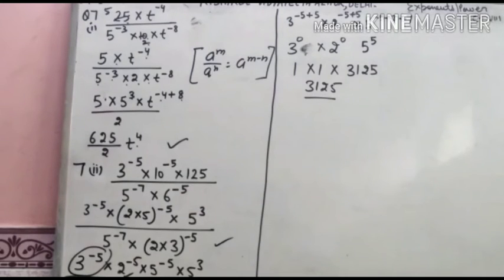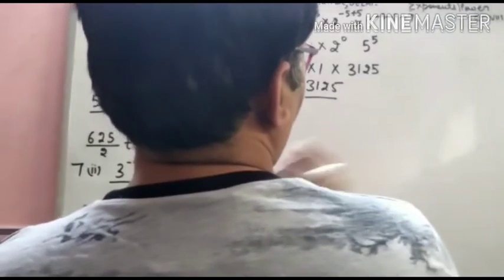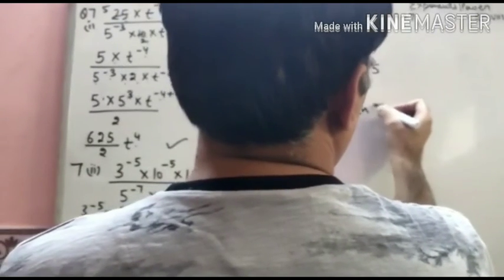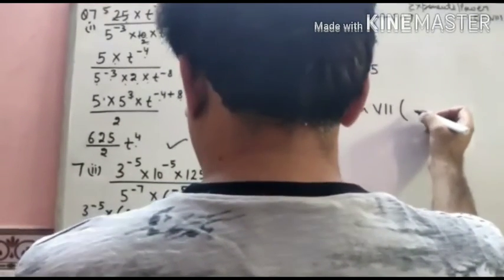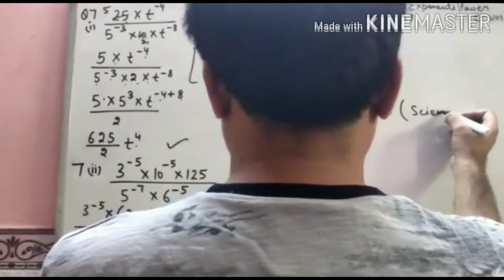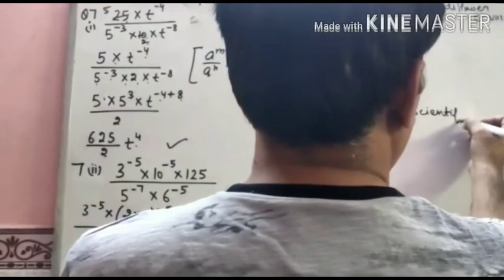Yes students, our next topic is the use of exponents to express small numbers in standard form. In class 7th we have already represented very large numbers in standard form, in scientific notation.